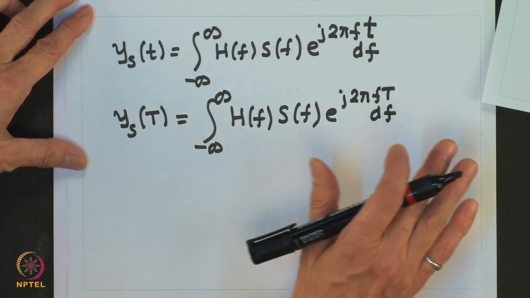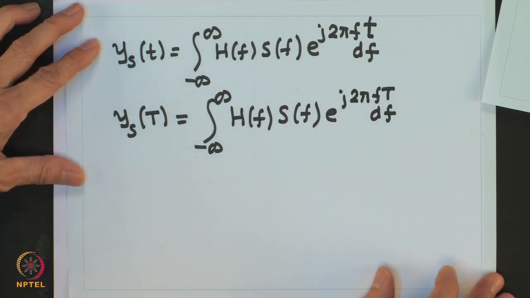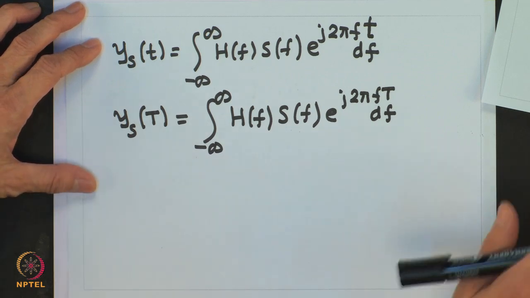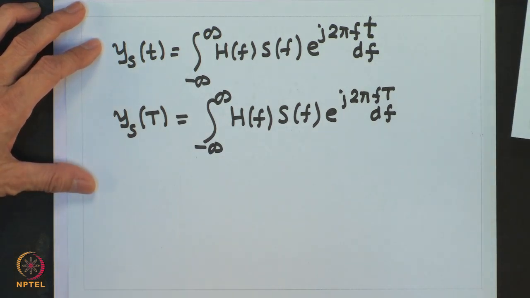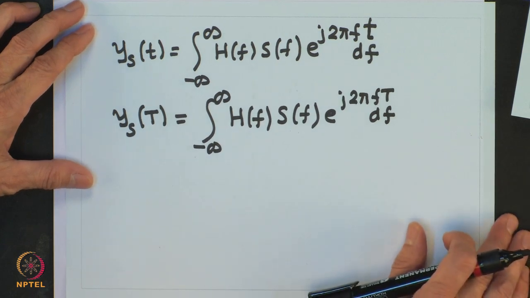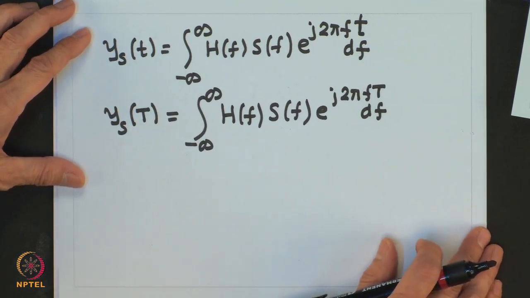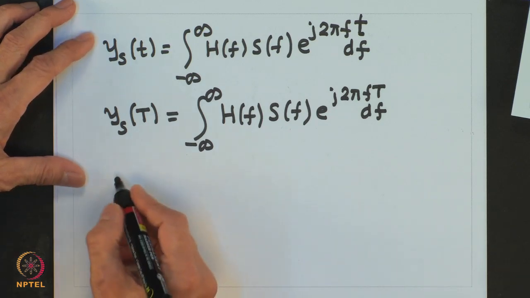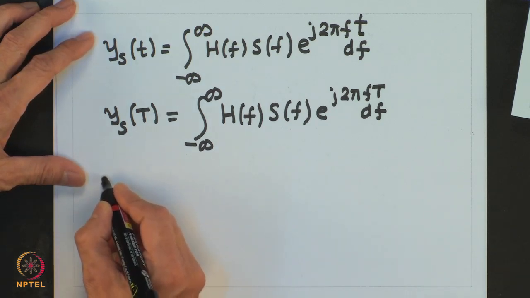And as far as the noise is concerned, the output noise will have 0 mean, because we are assuming that the input noise has 0 mean, and it will have a variance which will be given by this expression.